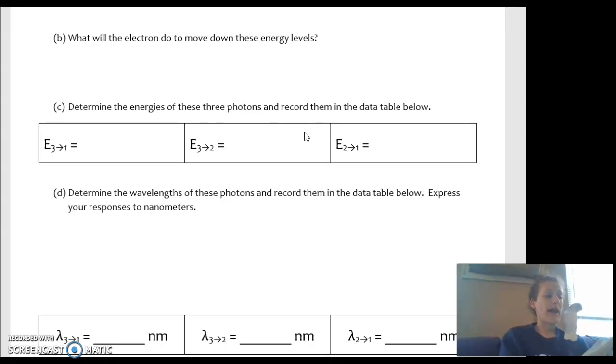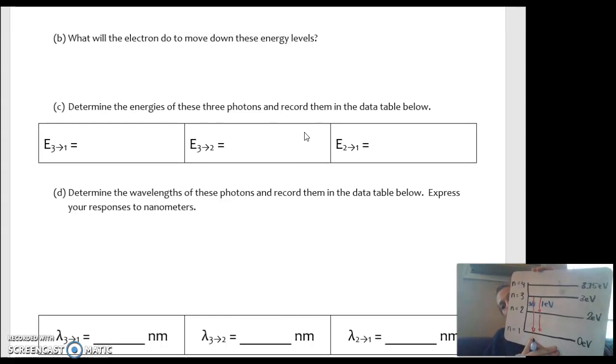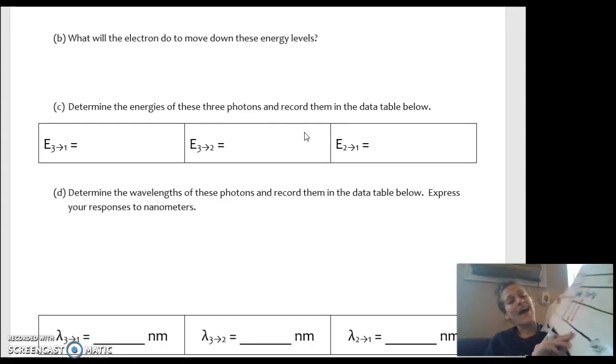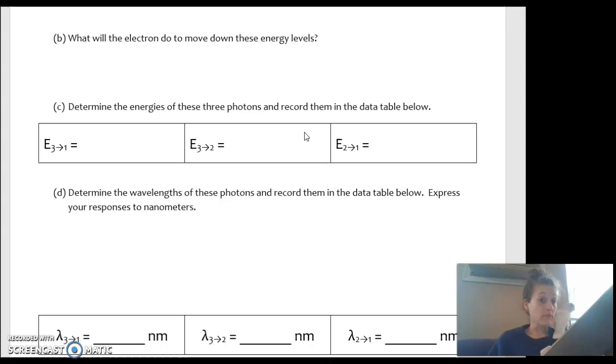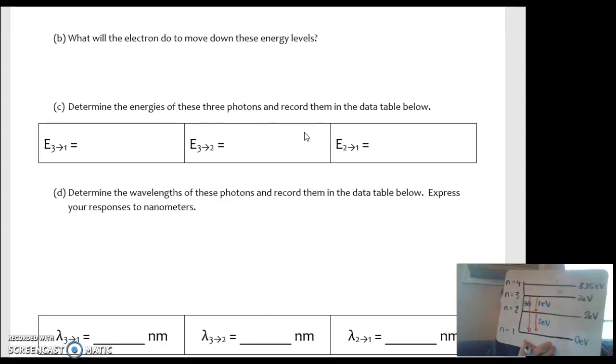The energy from n equals 3 to n equals 2 is only 1 electron volt, right? It has 3 electron volts at n equals 3 and 2 electron volts at n equals 2. So that's only an emission of 1 electron volt. And then from n equals 2 to n equals 1, that's 2 electron volts, because at n equals 2 it has 2 electron volts, and at n equals 1 it has 0, so it emitted 2.